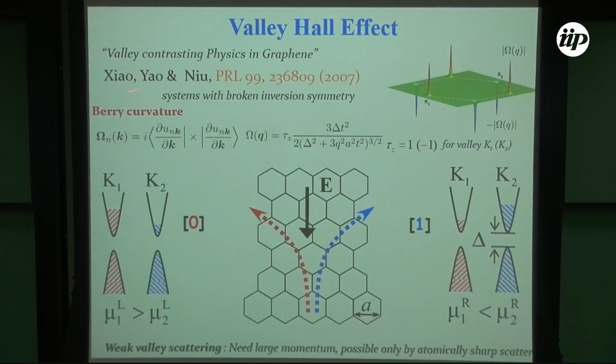The work of Xiao, Yao, and Niu was considering a graphene with a broken inversion symmetry, which could be from a substrate, and in this situation they derived the Berry curvature and found that it has an opposite sign at the 2 different valleys of the graphene. This difference in Berry curvature results, in the semiclassical transport equation, in an anomalous velocity which separates charge depending on their valley index.